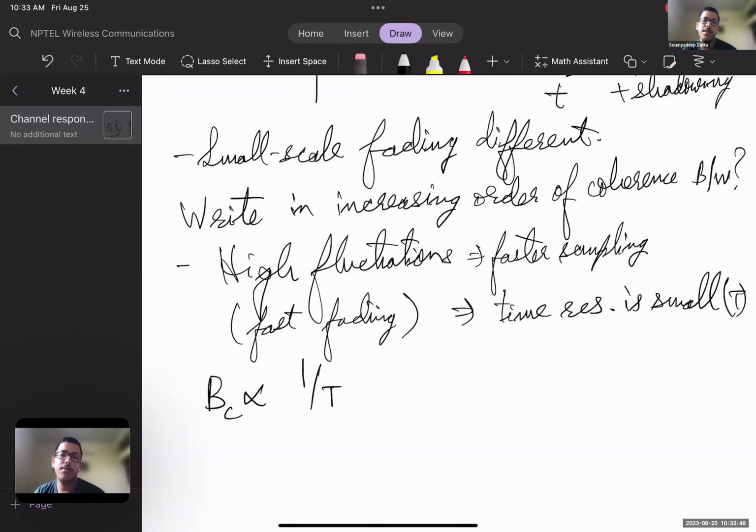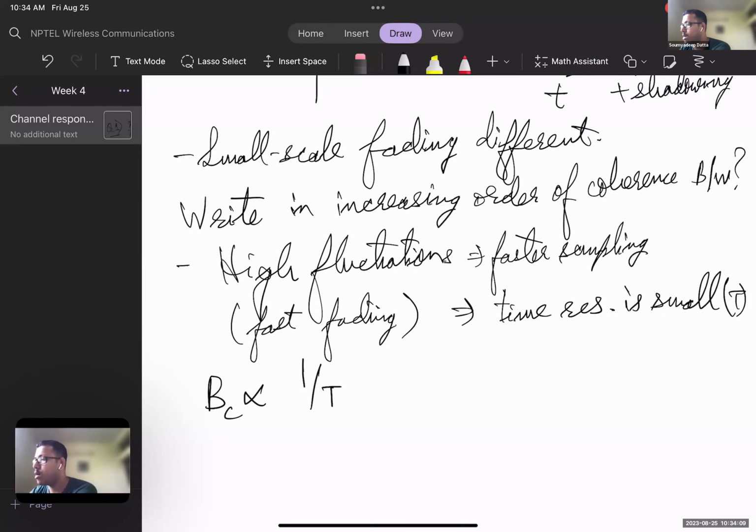Which means that the channel is more or less constant for a bigger duration of time. So in increasing order of coherence bandwidth, this order will be opposite of the time resolution order.